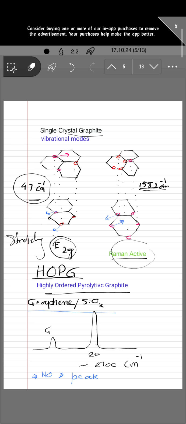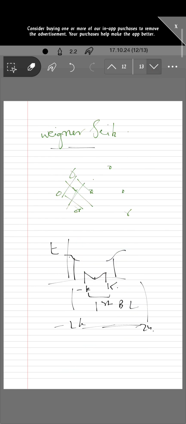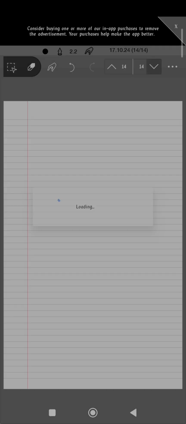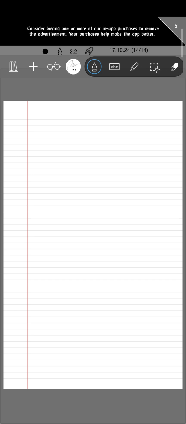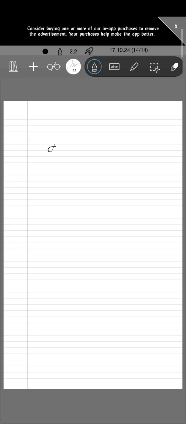And another thing about a compound being Raman active: for any compound to be Raman active, the necessary condition is that the rate of change of polarization with respect to molecular motion should not be equal to 0 at the equilibrium condition.